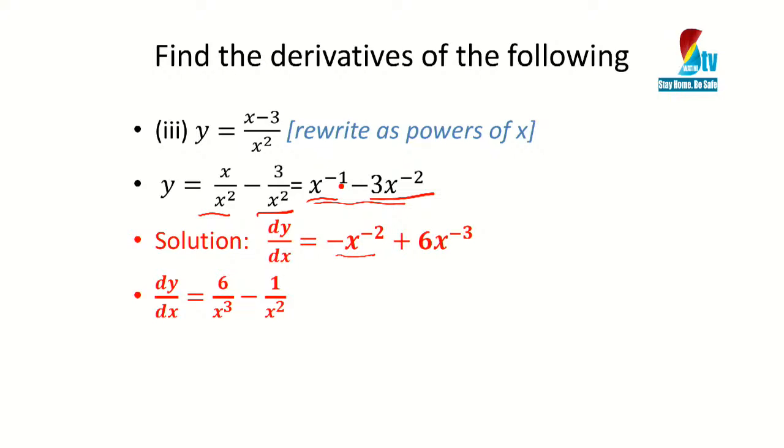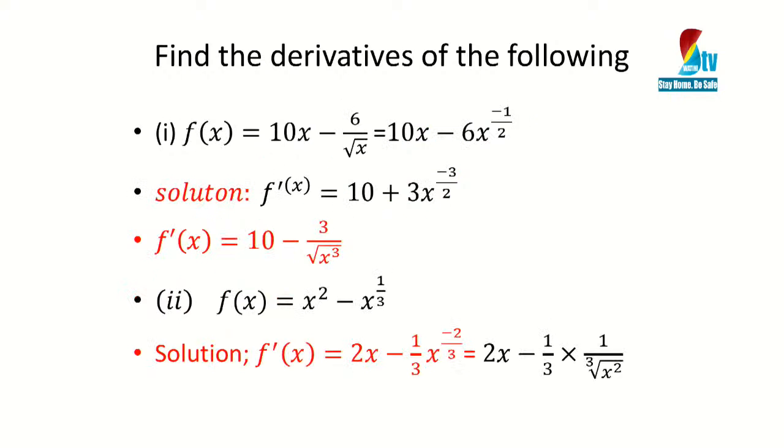And then the second term here, when we differentiate it, it's going to be negative 2 times negative 6, which gives us positive 6. And then negative 2 minus 1 will give us minus 3. So the index is minus 3. And when we rewrite it, we give it in that particular form.